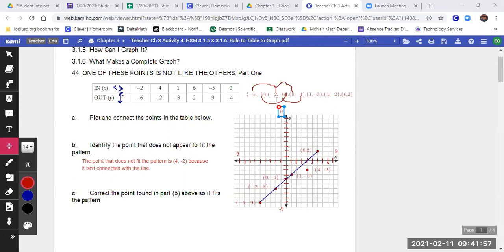What happened to go from -2 to 0? We added 2. Does this mean that we don't have a pattern? No. It just means that the spacing wasn't 1, 1, 1, 1, 1.